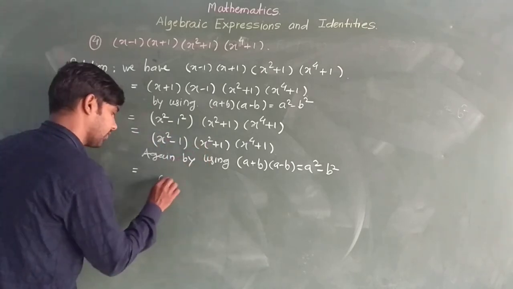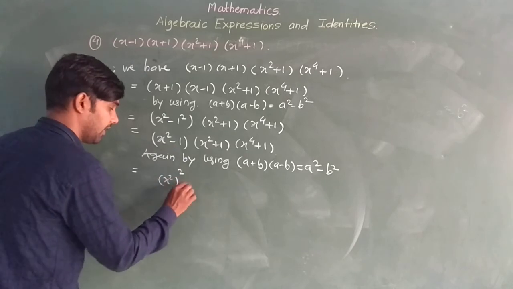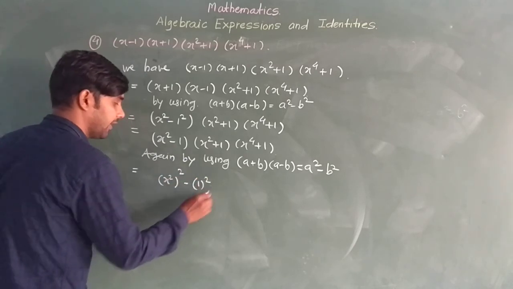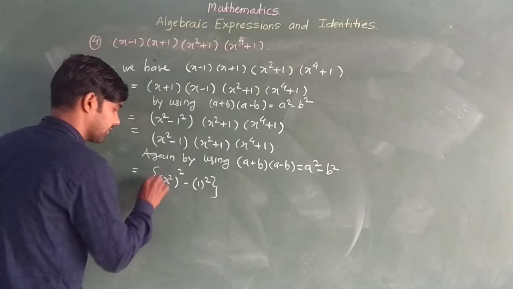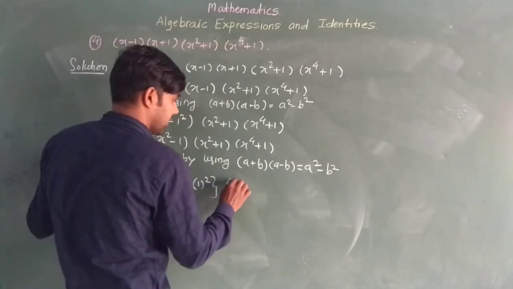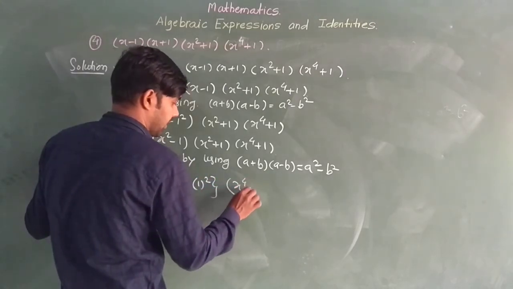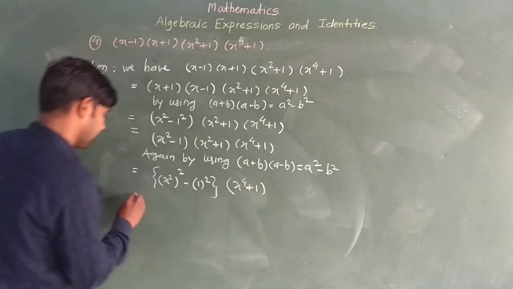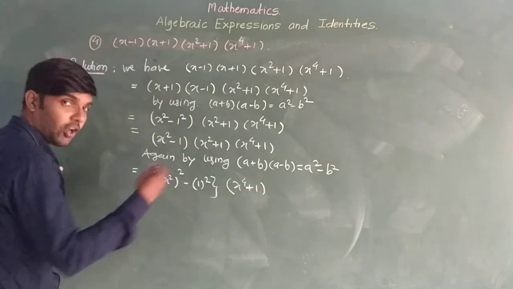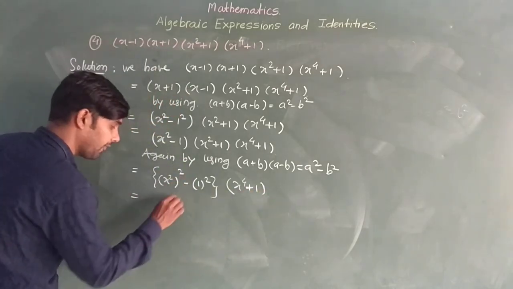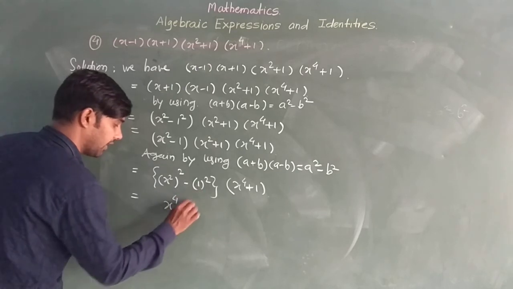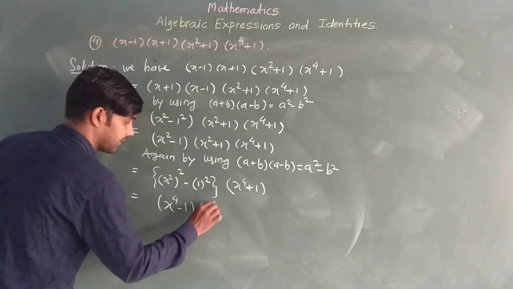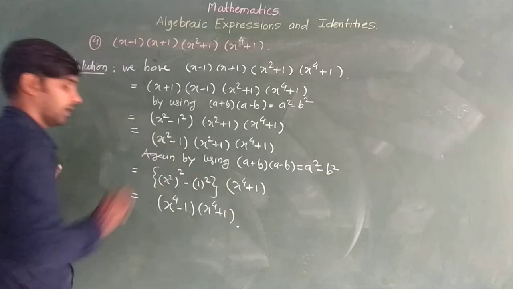So we write the square of the first term, that is x square, minus the square of the second term, that is 1 square, and the last term as it is, x raised to 4 plus 1. So square of x square is x raised to 4, minus 1 square is 1. So x raised to 4 minus 1, times x raised to 4 plus 1.